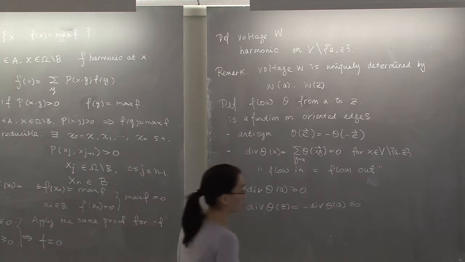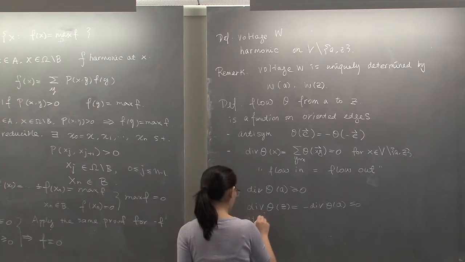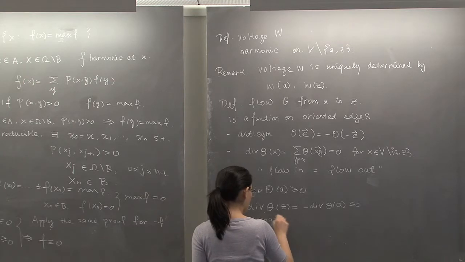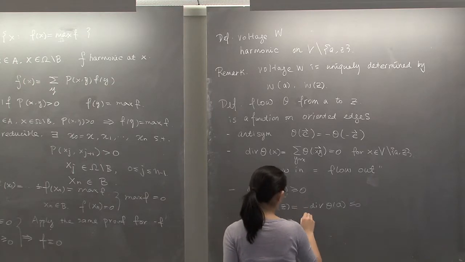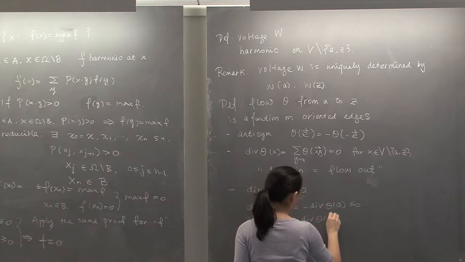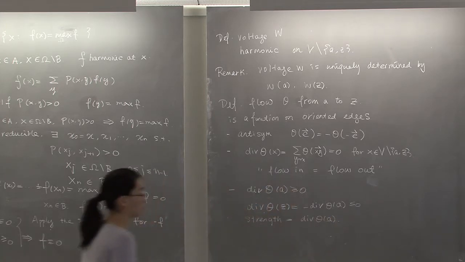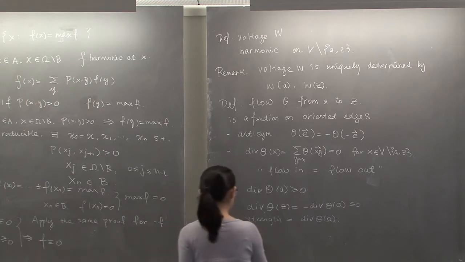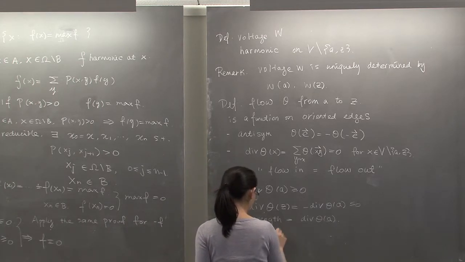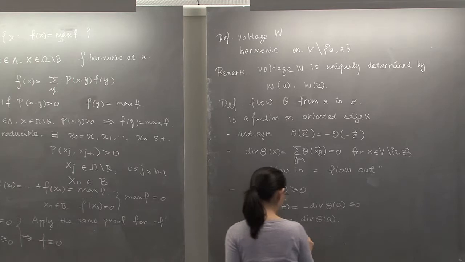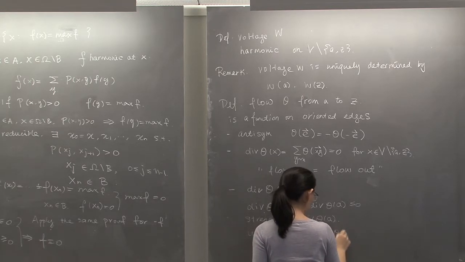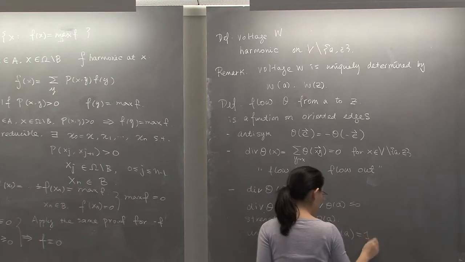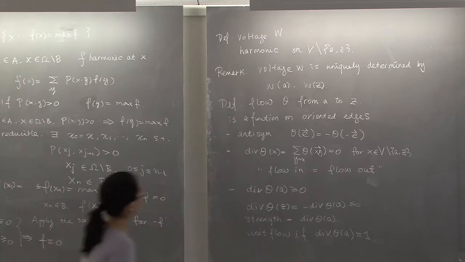And for this flow, we define that the strength of the flow is defined as the divergence at the source, so it is non-negative. And we call it a unit flow if the strength is 1. Okay, so this is a flow.